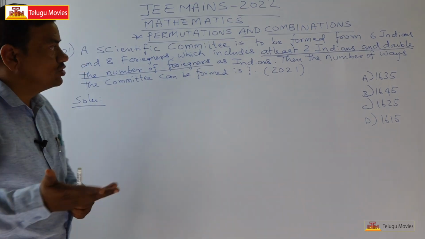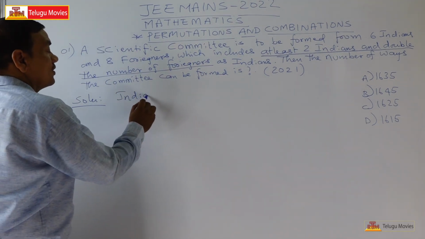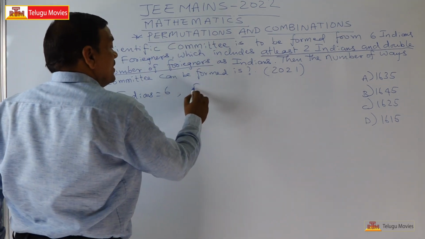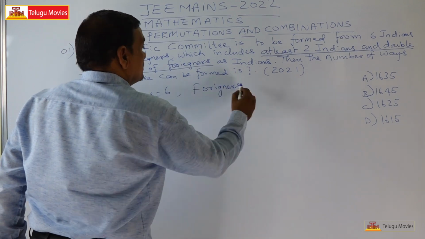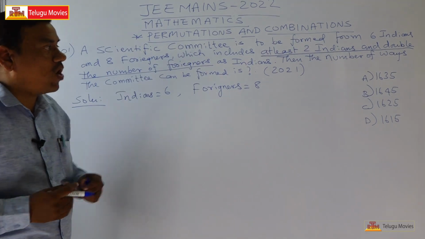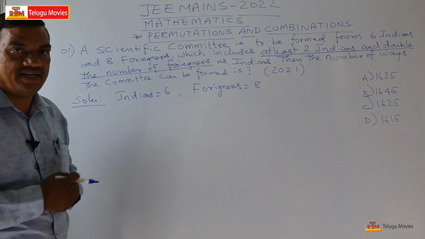Here total Indians are how many? Indians are 6. Foreigners are how many? Foreigners, 8 members are there. So you have to form a committee consisting of at least 2 Indians.